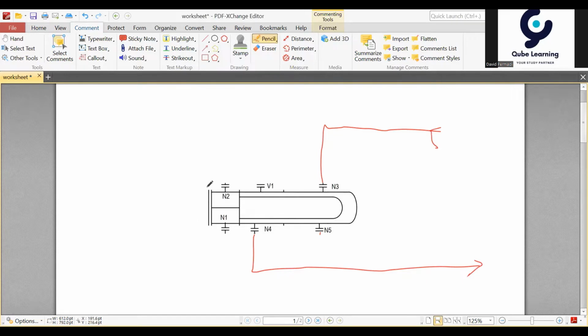The cooling water will pass through N1 because this shell and tube exchanger works as a counter current heat exchanger. So the cooling water will pass like this and come out like this.